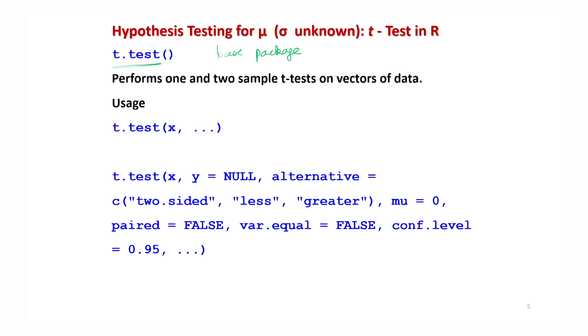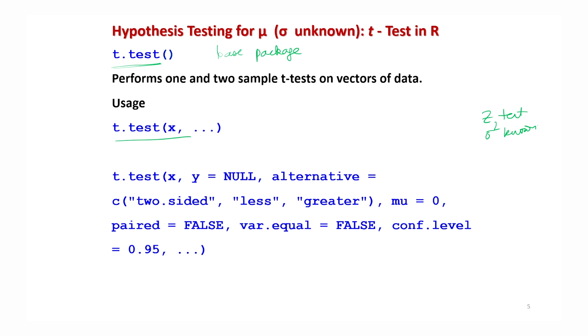Now, the use of this command t.test is very similar to the command that you use in the case of the test when sigma square was known. So it is like this: t.test, and then there are various arguments, so you have to give the data.